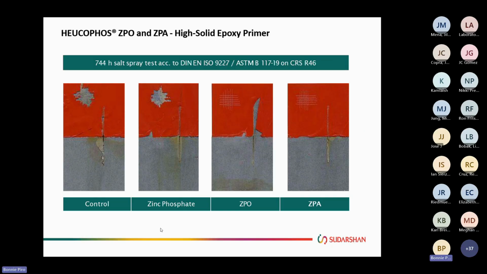And again, more pictures. So we talked about the control. The zinc phosphate is the one we talked about a little bit earlier. And then the ZPO and ZPA, two different products in that category to show how the improvement over each one of these can be.